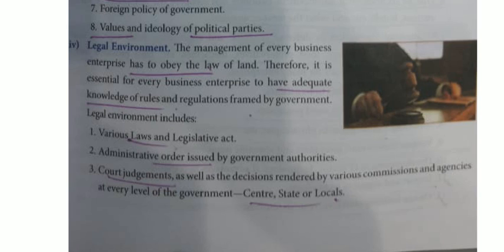The management of every business enterprise has to obey the law of the land. Therefore, it is essential for every business enterprise to have knowledge about the rules and regulations framed by the government from time to time, so that you can avoid penalties.